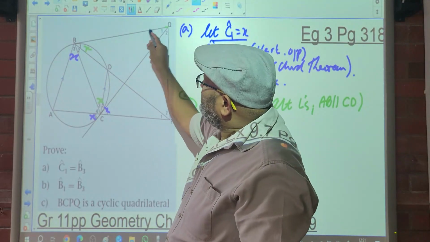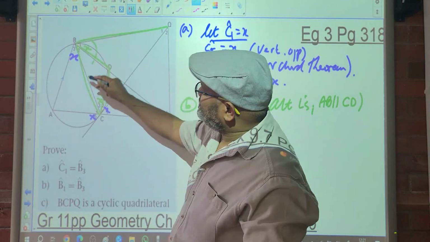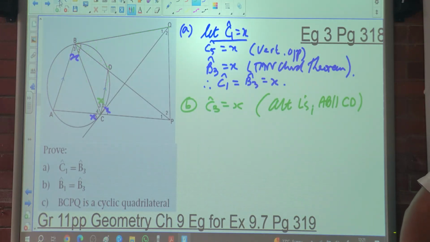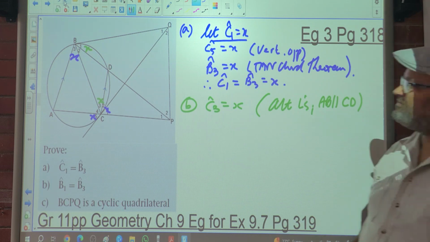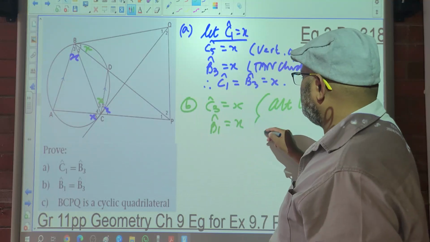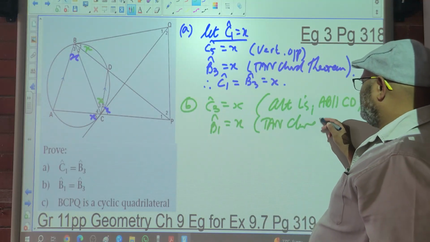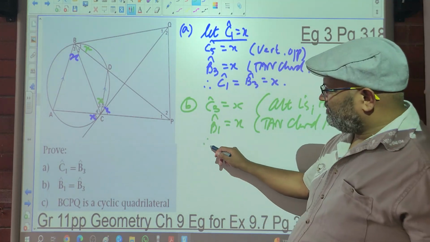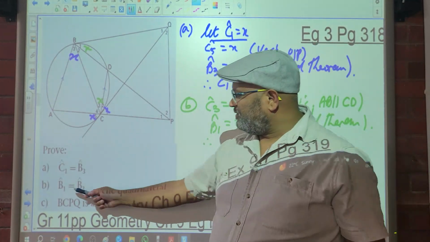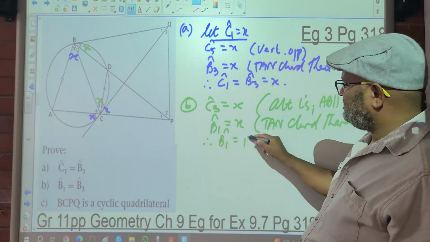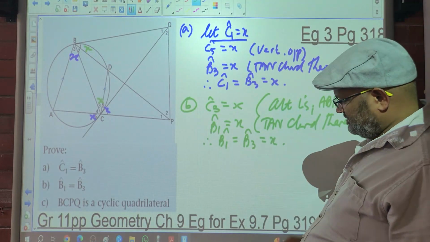Why? Remember that's a tangent and there's your triangle. Which theorem am I using? Tan chord theorem. So B1 is equal to x. And therefore, what do you notice now? B1 and B3 are marked x now. Therefore, B1 is equal to B3, which is equal to x.